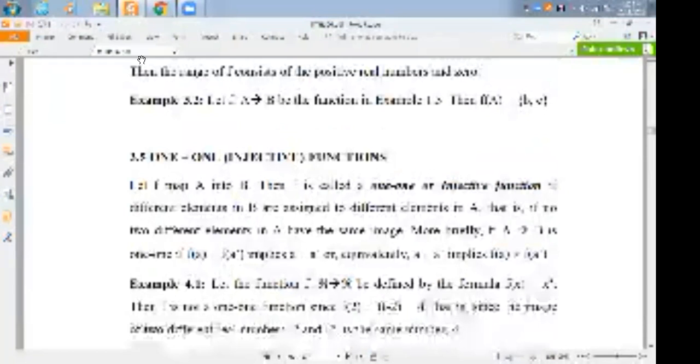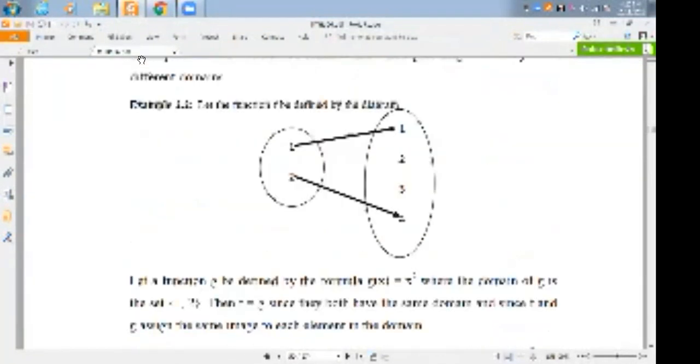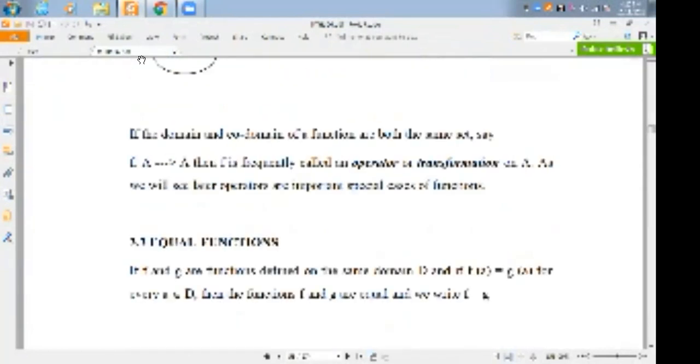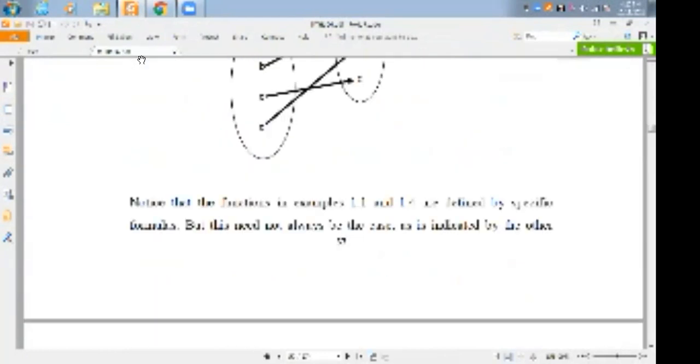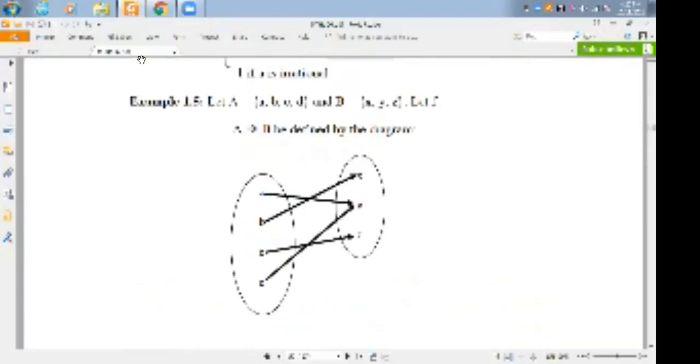Let me scroll up so that you can see one of those mapping drawings. Look at this. This is a one-to-one mapping. You can see 1 is mapped to 1, 2 is mapped to 2. If you look at this other mapping here, this is not one-to-one because you can see an element Y being assigned to A and also being assigned to D, from example 1.5.